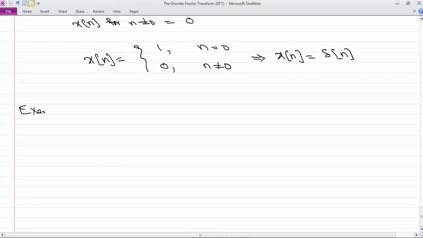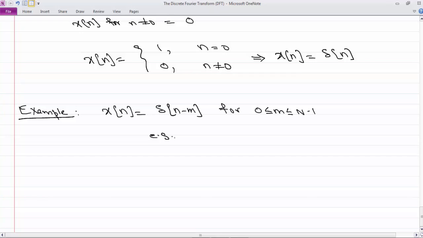You could extend this example to the case where you say x[n] equals, let's say, delta of n minus m for some m between 0 and N minus 1. So, for example, for m equal to 1, you have n equal to 0 is 0, and n equal to 1, you have 1, and then it stays 0 till N minus 1.